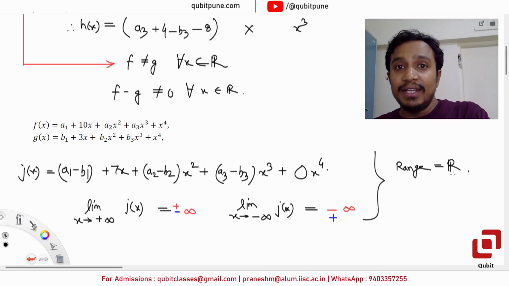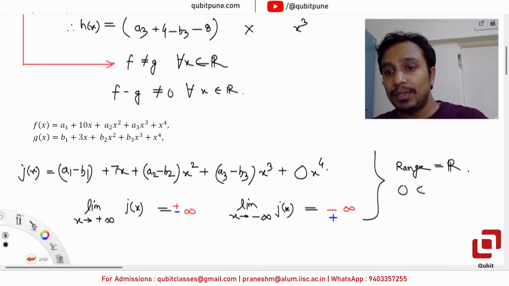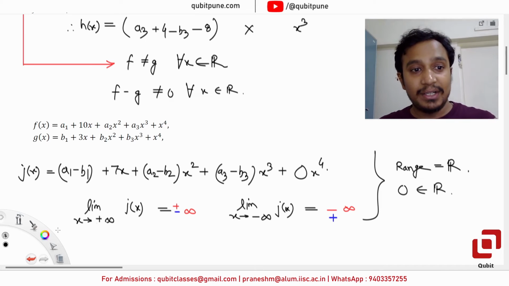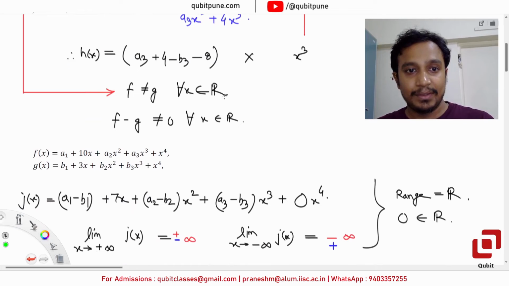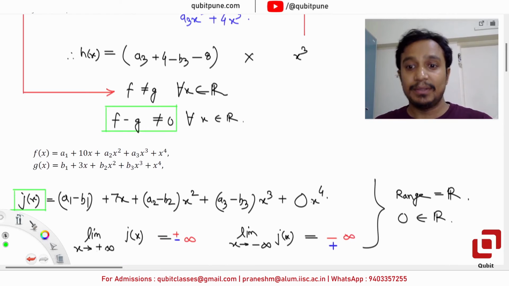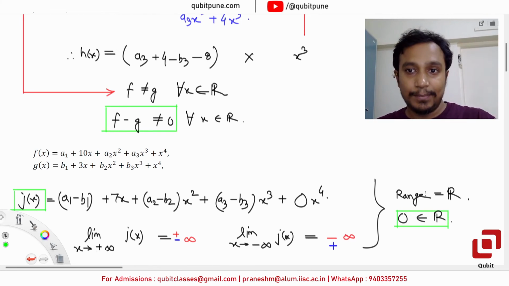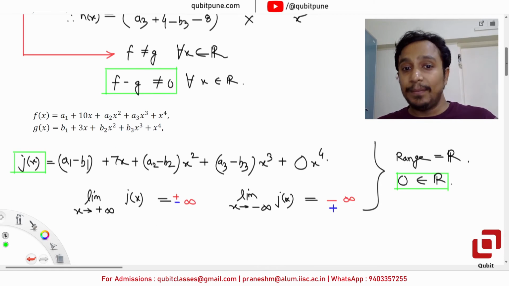Now if the range of this cubic function is the set of real numbers, 0 belongs to that, मतलब 0 रेंज का पार्ट हो गया, लेकिन ये कॉन्ट्राडिक्ट कर रहा है प्रॉब्लम के इंफॉर्मेशन में. इंफॉर्मेशन से f minus g is not equal to 0, that means g of x is not equal to 0 because 0 is not in the range as per the problem. तो इसका मतलब एक ही है.